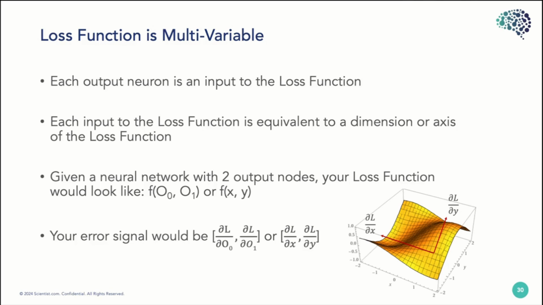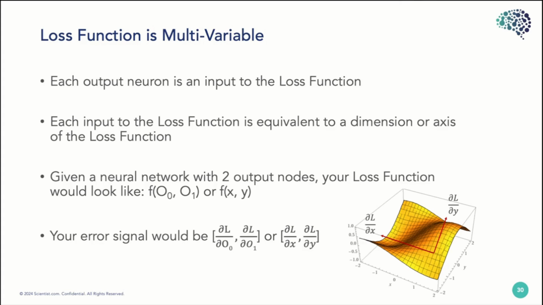And that'll tell you if that output node getting bigger will reduce loss, or if getting smaller will reduce loss. So what you're really looking for to reduce loss is negative derivatives associated with nodes in your output layer.